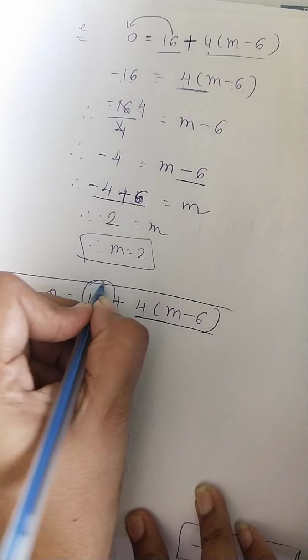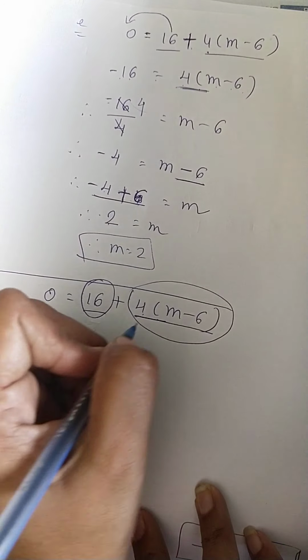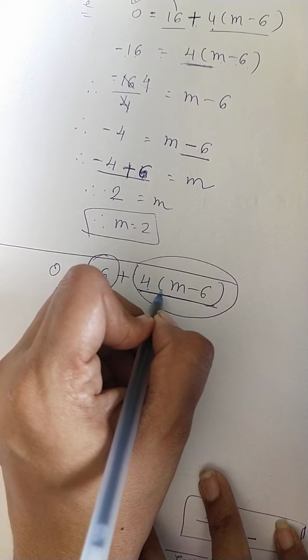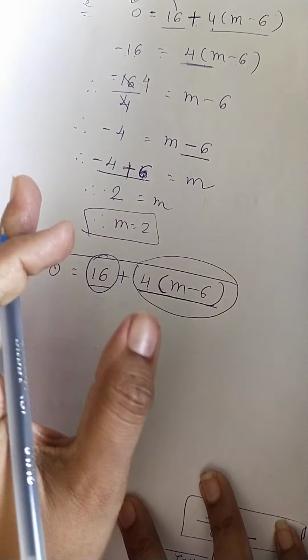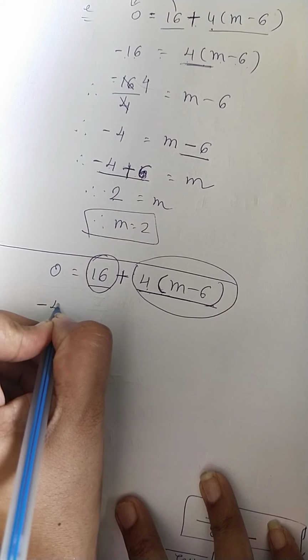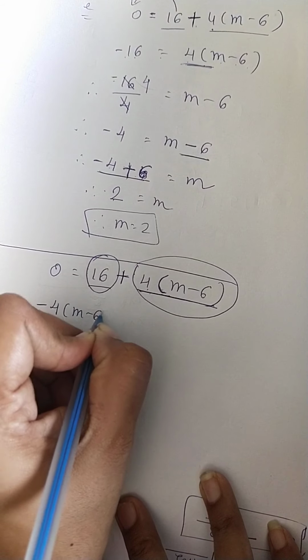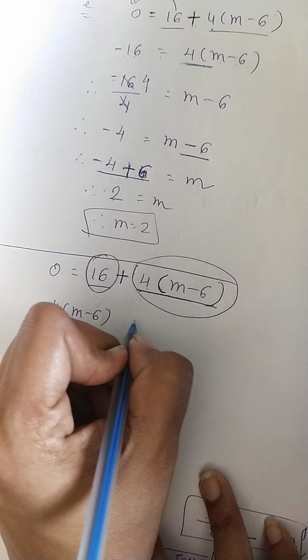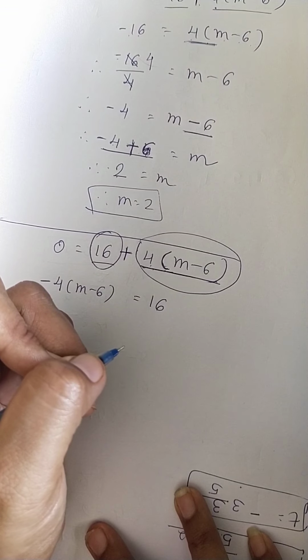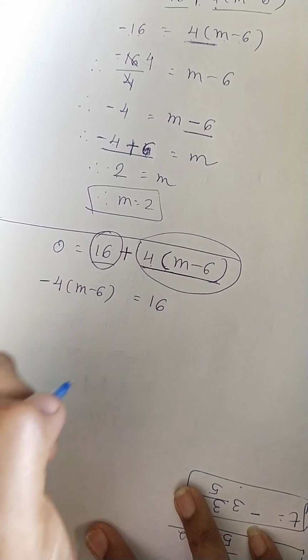This is our first term and this is our second term. This whole is the second term. So if you want to change this one first, side change, sign change, then plus is there. So here negative 4 into bracket m minus 6, understood, is equal to 16. Is that clear, students? You have to do it like this.